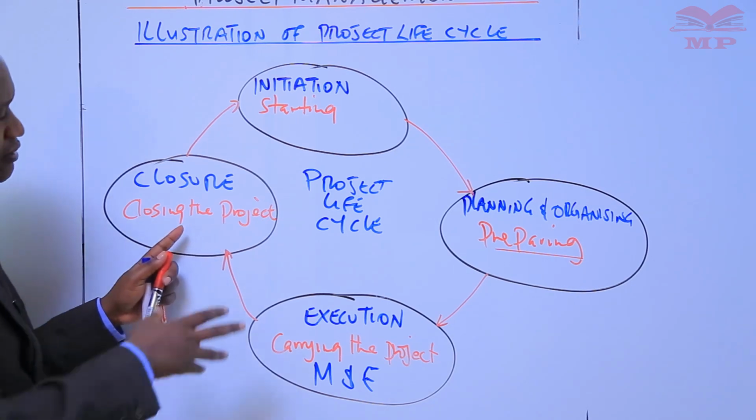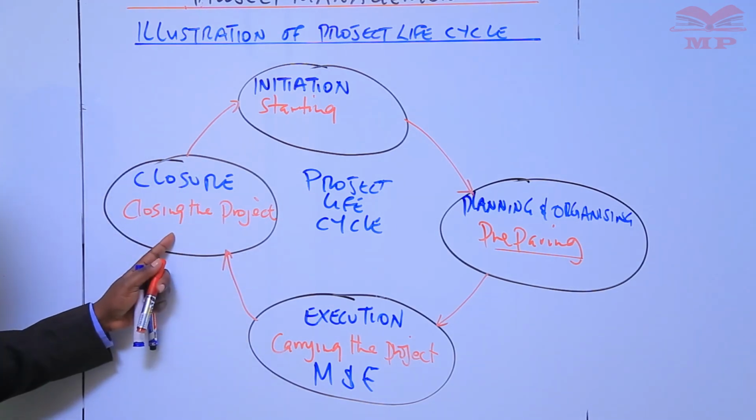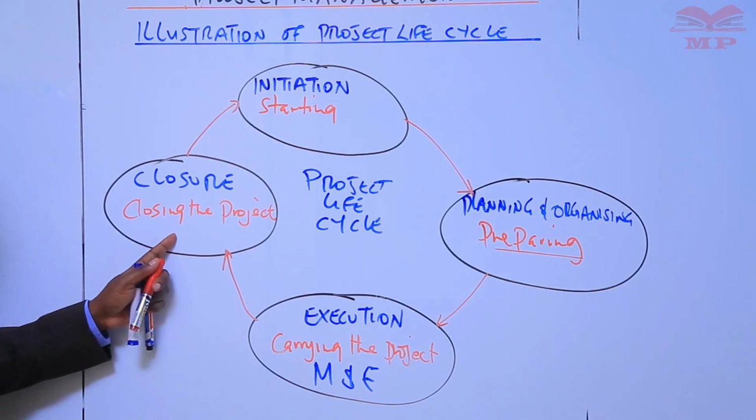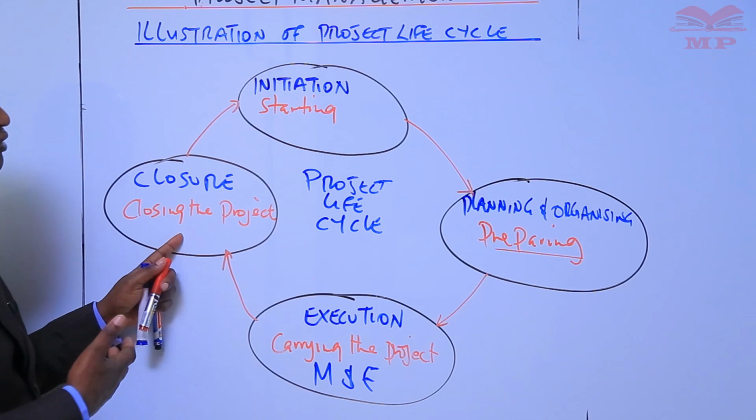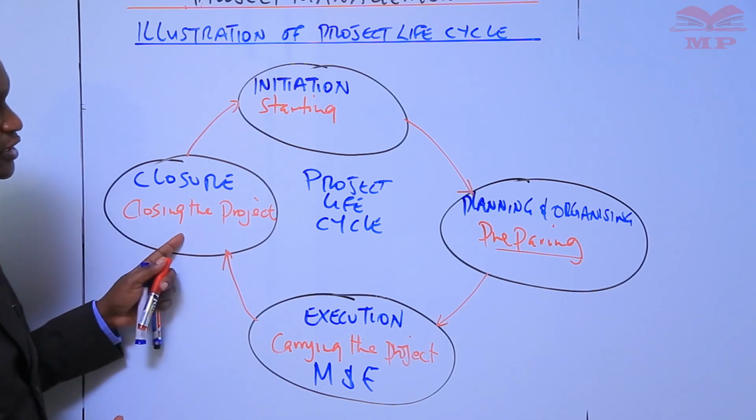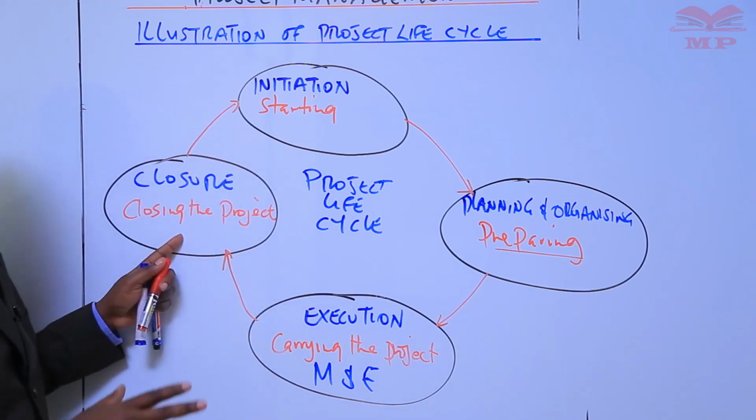So these are the closure. It entails many things: evaluation of the project, evaluation of the performance of the team, checking out the resources that have not been utilized, releasing the resources, and so on.